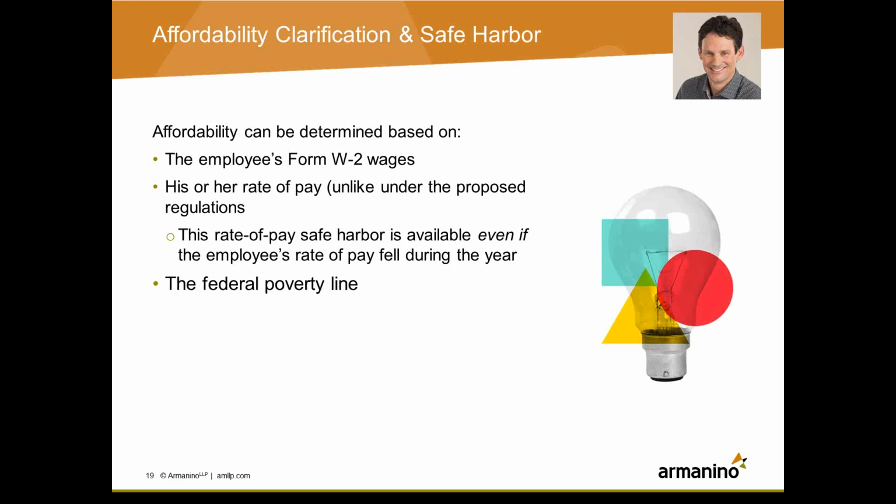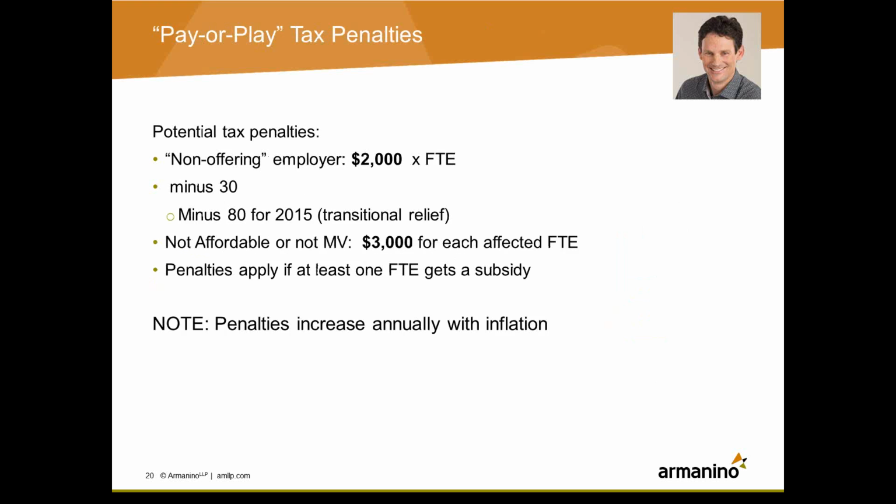And then finally, the last safe harbor is you can base it on the federal poverty line. As the very minimum amount, as long as you multiply 9.5% times the federal poverty line and offer that to employees, that's going to be considered affordable.